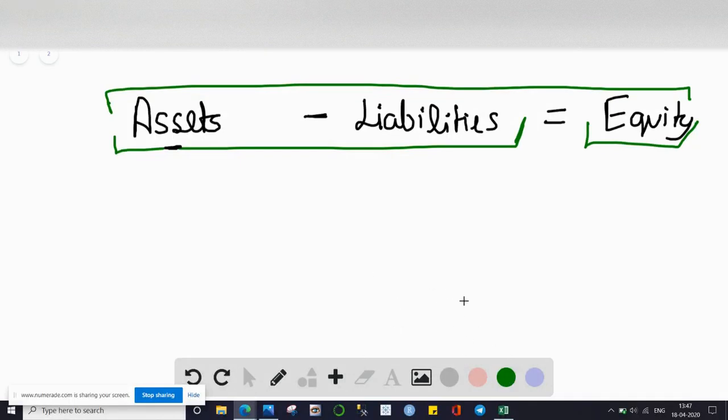Account payable will be considered as liabilities. Now what is account payable? I have already told you that you are in the business of selling video games. If you have imported some advanced video games from outside your country but have not paid for them, that will become your liability.